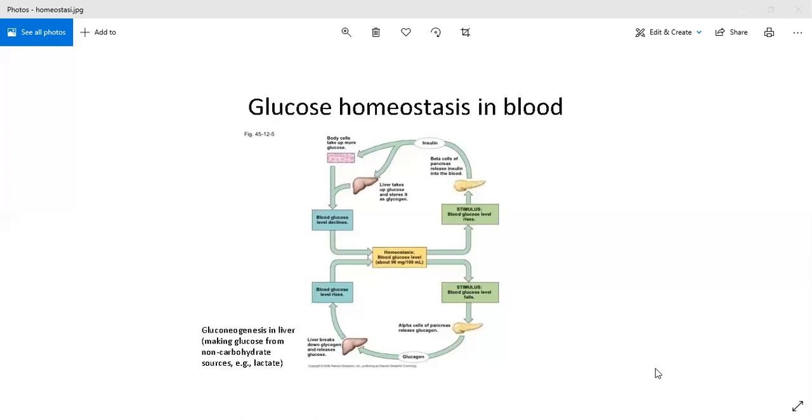Glucose is needed by the body to generate energy. When you do respiration, glucose comes in contact with oxygen, and you produce carbon dioxide, water, and energy. That energy is ATP, adenosine triphosphate.